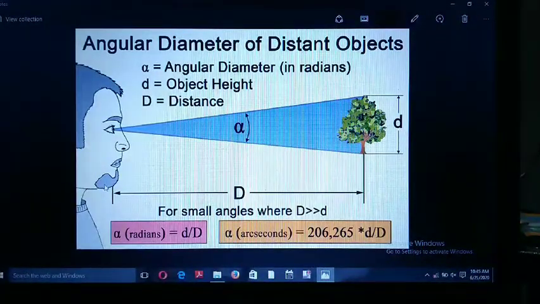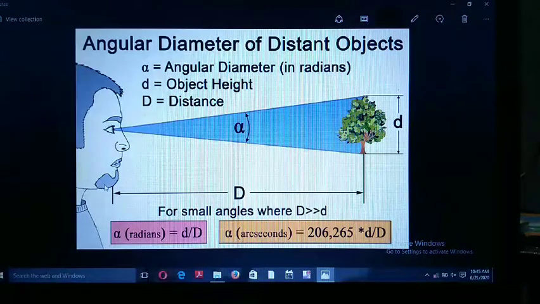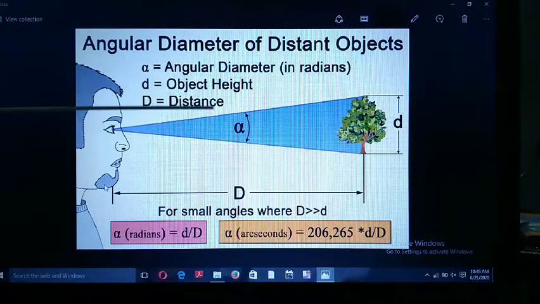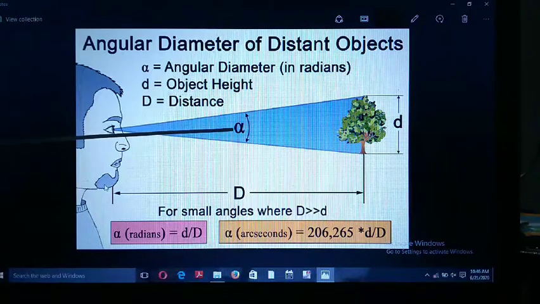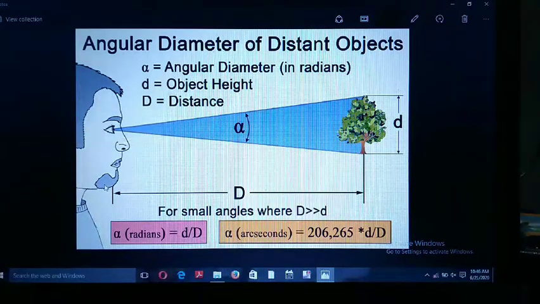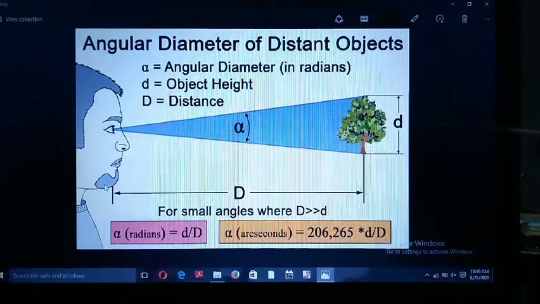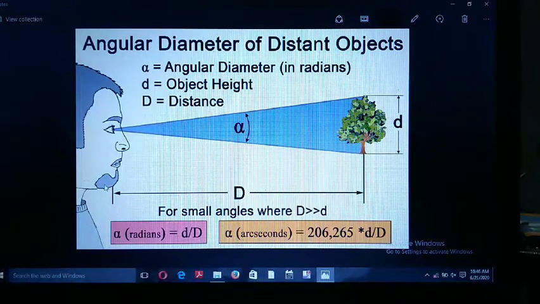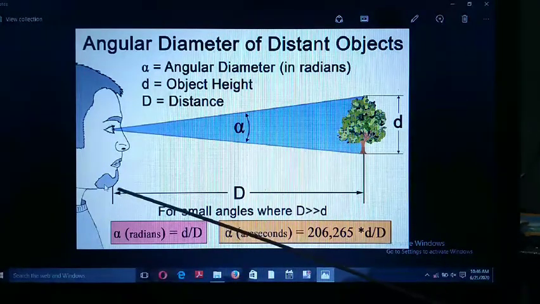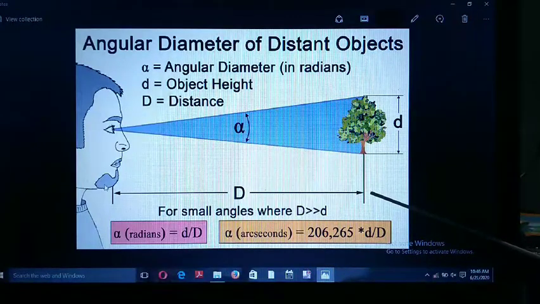Friends, with the help of this method, we can also find out the height of a tree. Suppose here one person sees the tree. Here alpha is the angular diameter and small d is the height of the tree. Here capital D is the distance between the person and the tree.